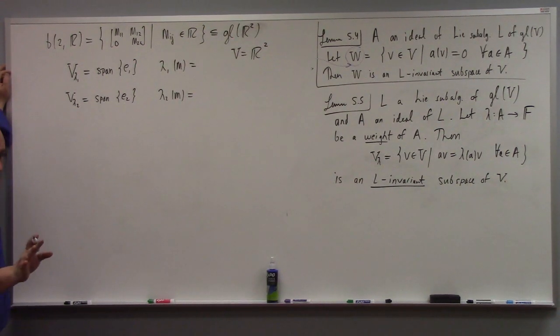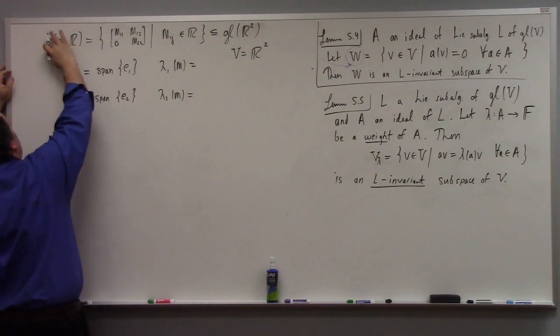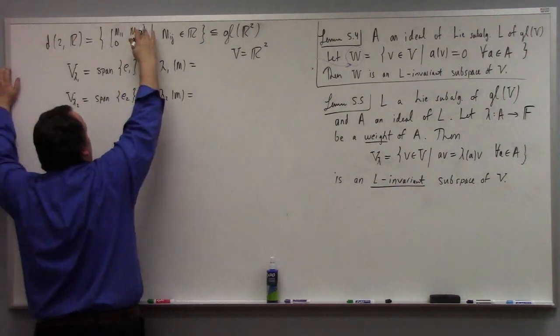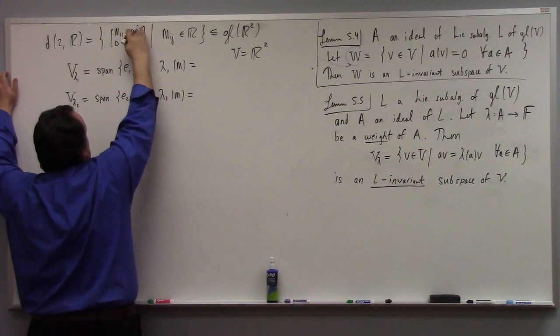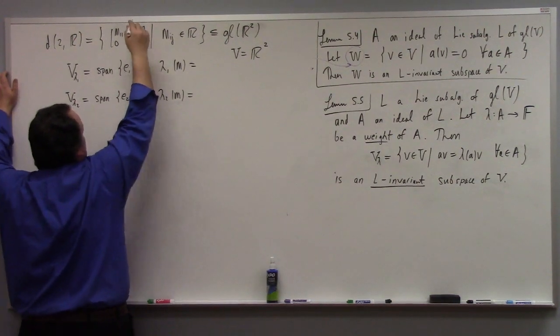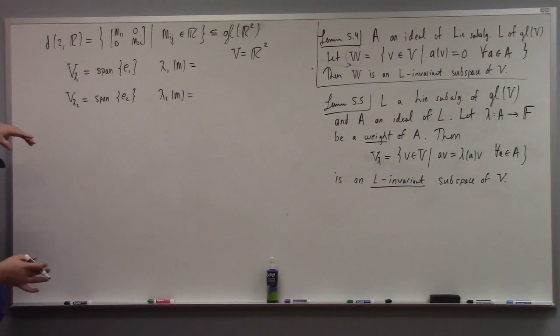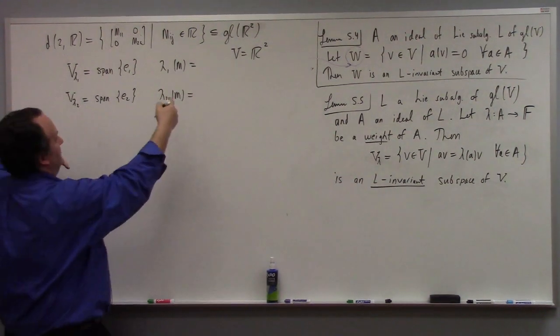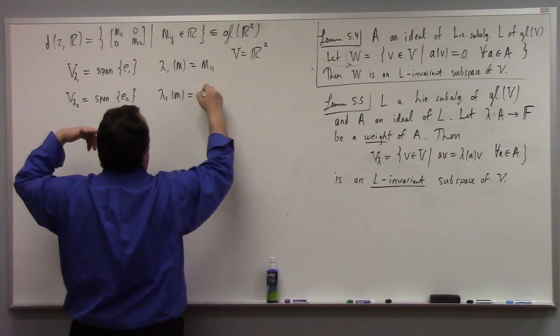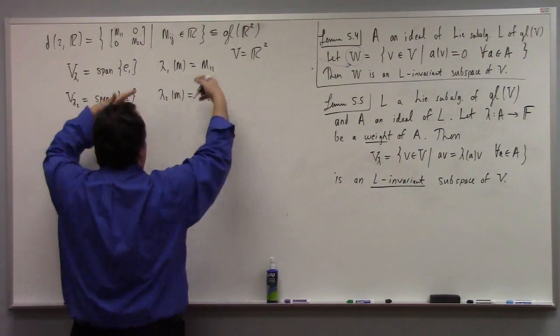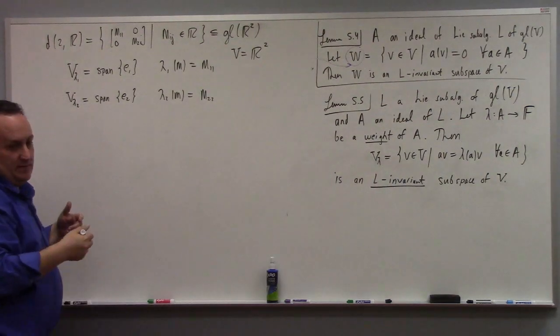Let me make this the diagonal 2 by 2 matrices. Let me put this M12 to 0, just to hedge my bets here a bit. Then I'm definitely sure that your weights are, this is M11, this is M22. That's the formula for it.